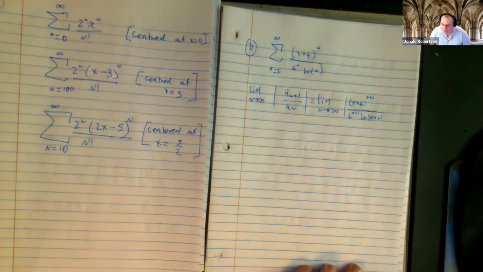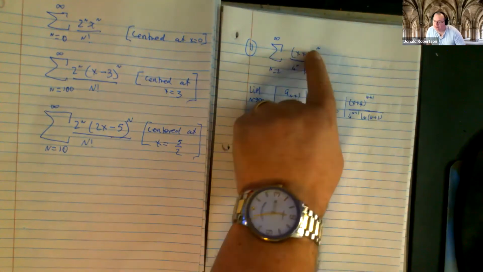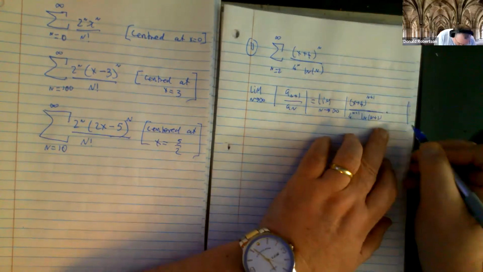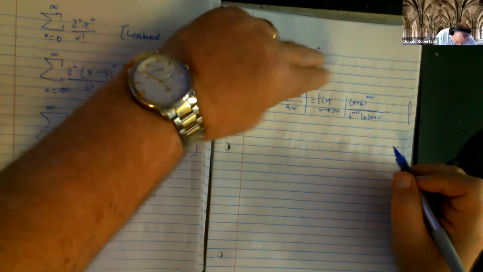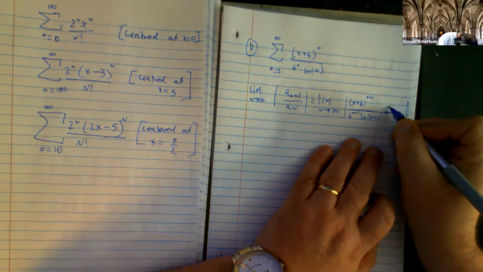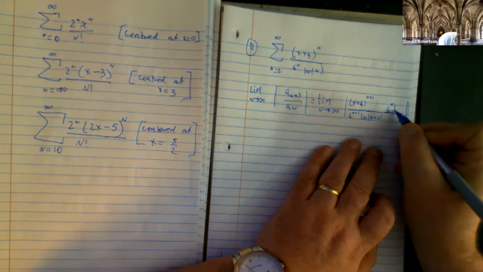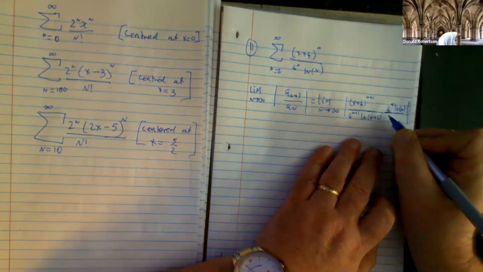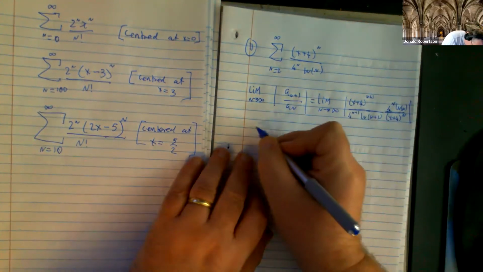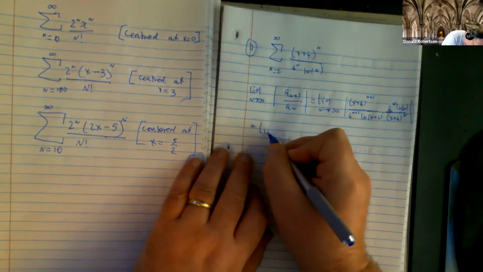You all comfortable with the n plus 1s? Now, when you divide by a sub n, don't we basically just take this guy and turn him upside down? So what you're going to have now on the top is a 4 to the n, a natural log of n, and an x plus 4 to the n.